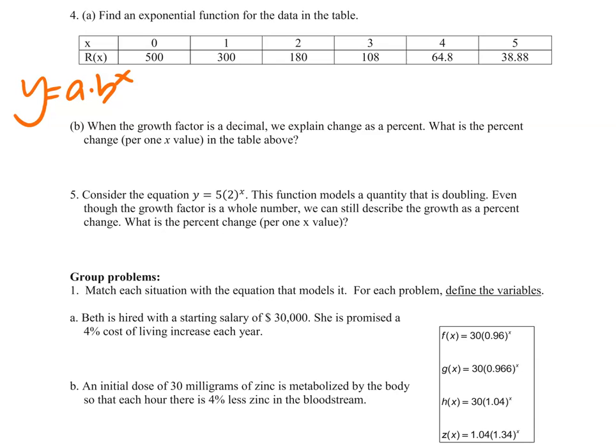The initial value here is when x is 0. So we could say that y is equal to 500 times b raised to x. Now our question is, what is b?